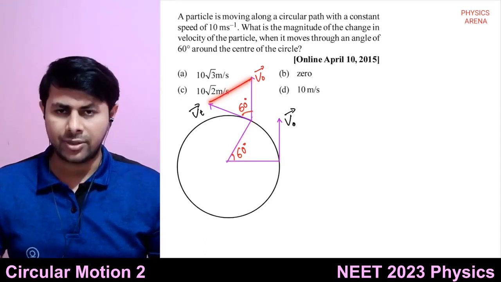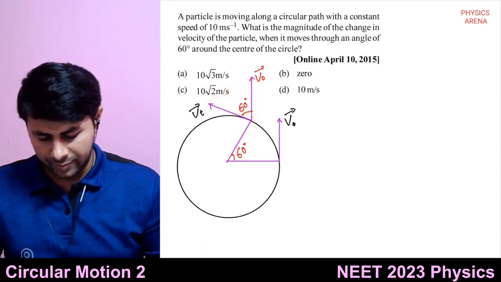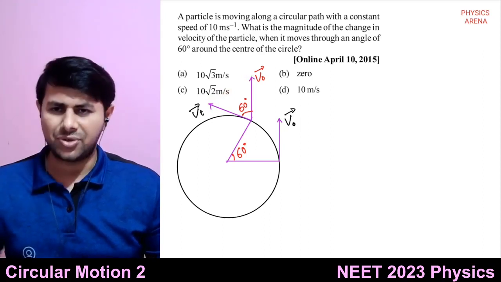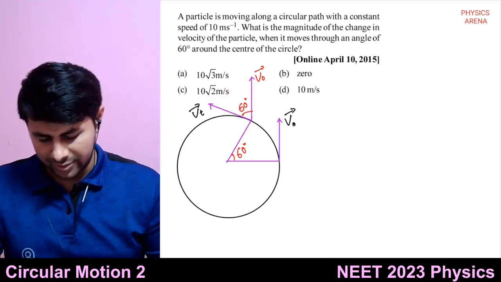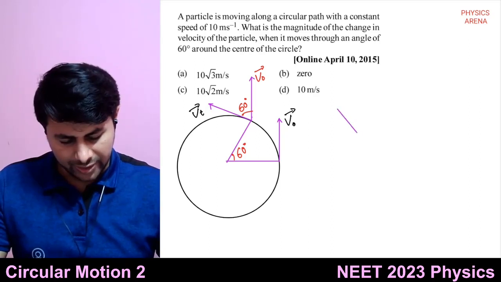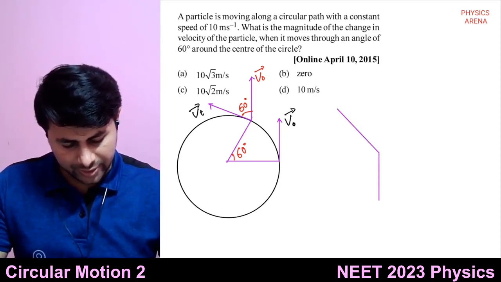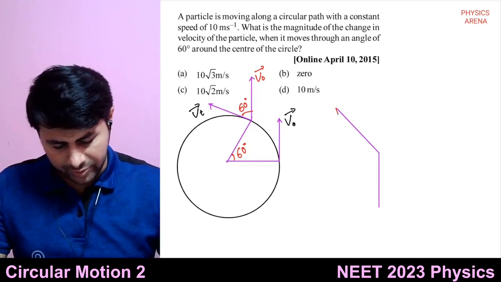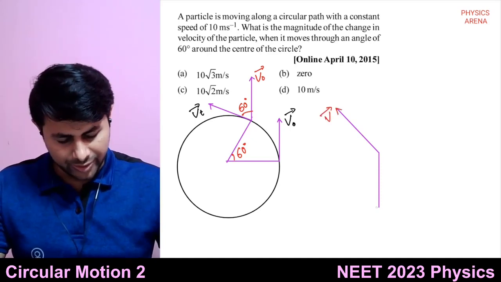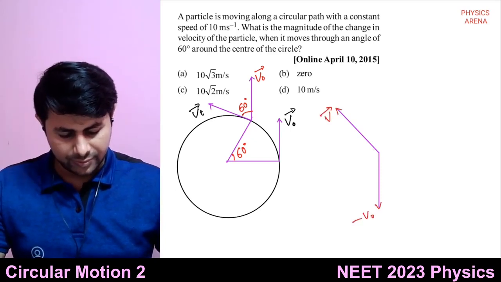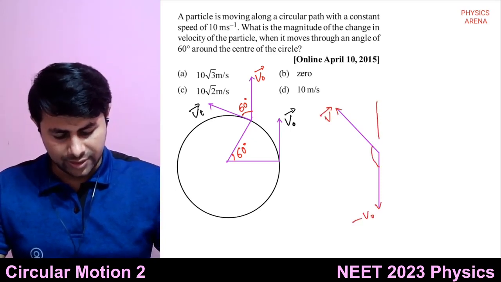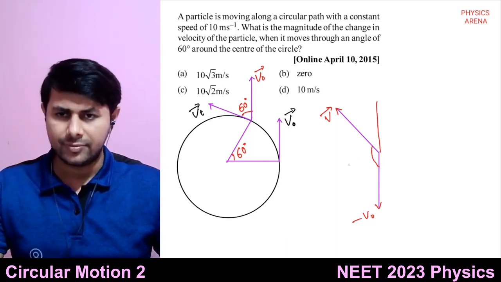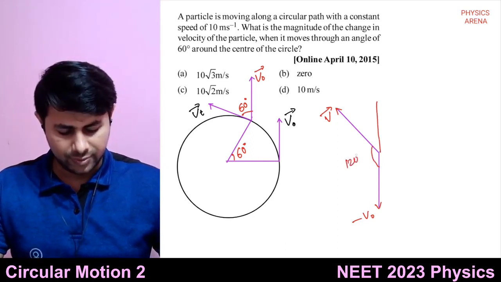So how can you subtract this? You can draw minus V0. So this is Vt, velocity at time t, and minus V0. How much would be the angle between V and minus V0? If this is 60 degrees, how much would be this angle? 120 degrees.